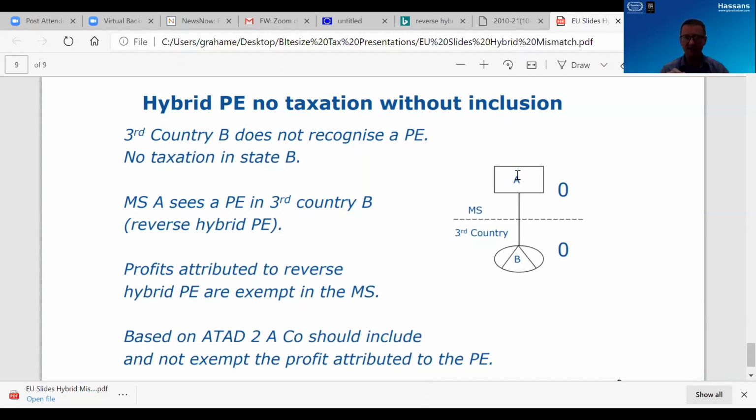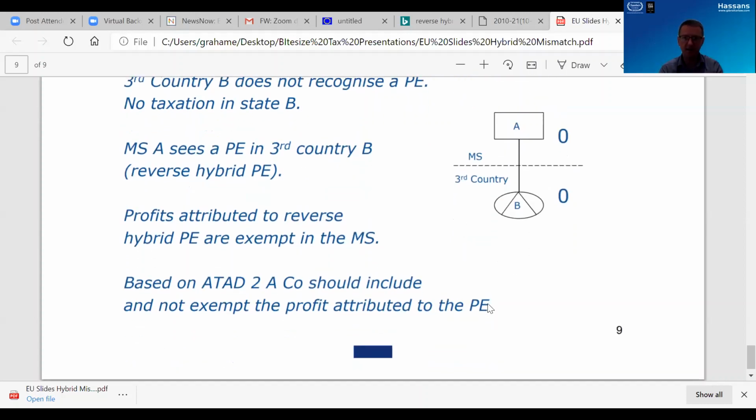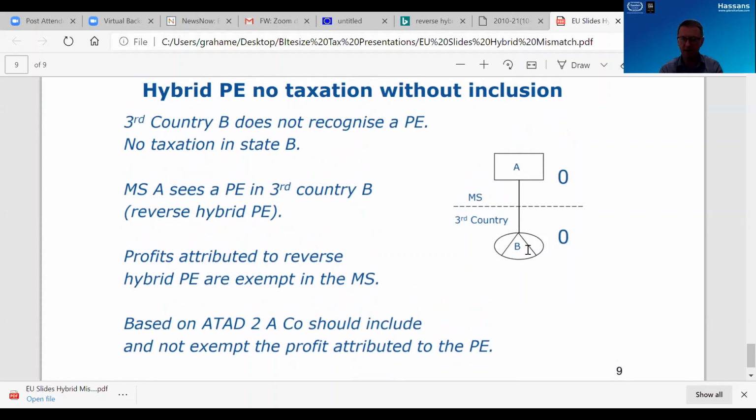The member state recognises the permanent establishment and therefore will not seek to tax it under the relevant treaty, which means that A will not include it and the third country will not tax it. So you've got nobody taxing income arising from the characteristic of the entity in question.